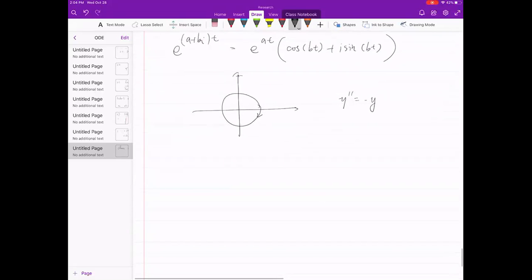Let me be careful. Okay. Lambda is complex. No straight line solution.